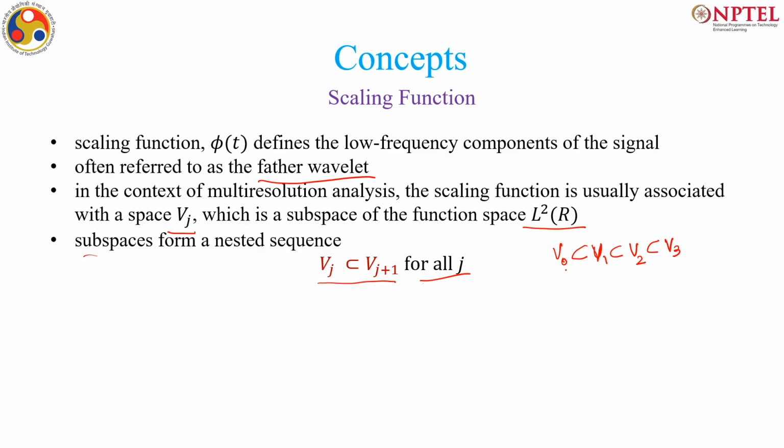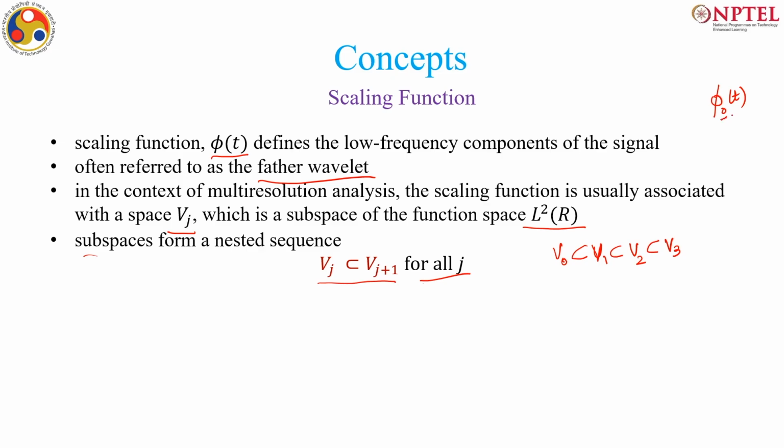And what is V0? So, this phi t, or I can also say phi naught t, is typically the same thing. Some books will use the notation phi 0, some use phi t, some use phi 0 of t. The concept is that this is the scaling function or the father wavelet.